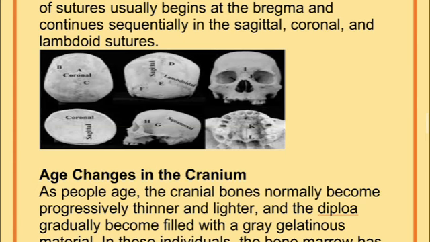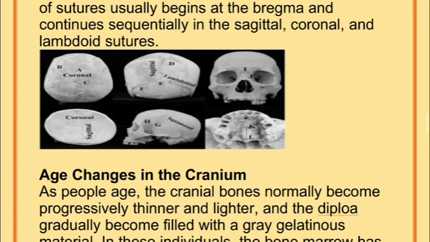What about age changes in the cranium? You must know that as people age, the cranial bones become progressively thinner and lighter, and the diploe gradually becomes filled with a gray gelatinous material. Remember, the diploe is the cancellous part of the bones of the skull.